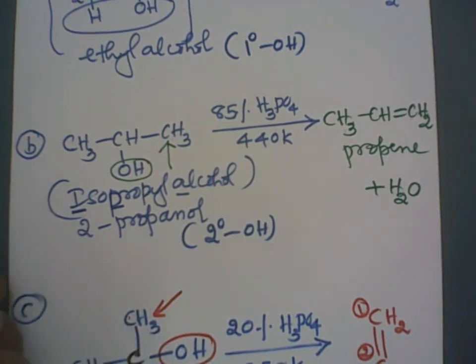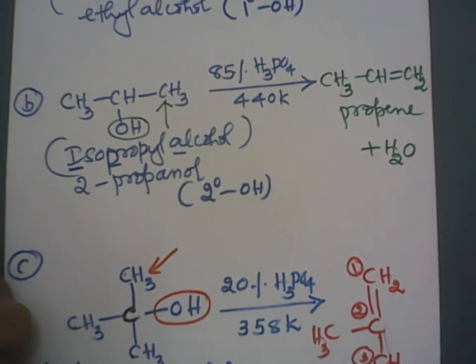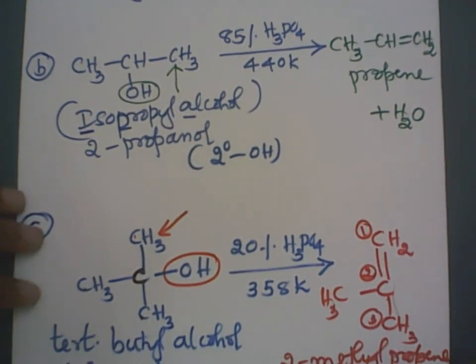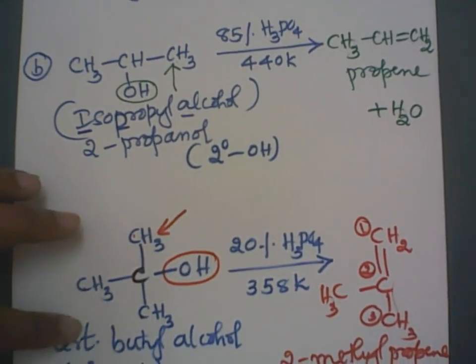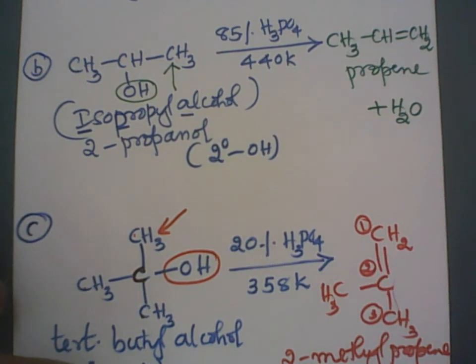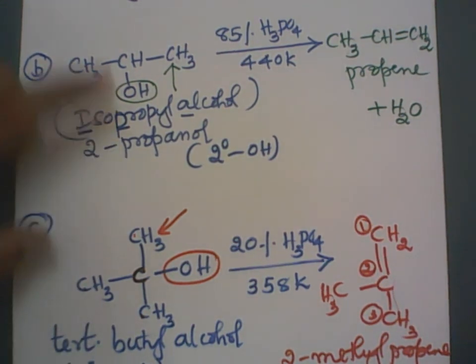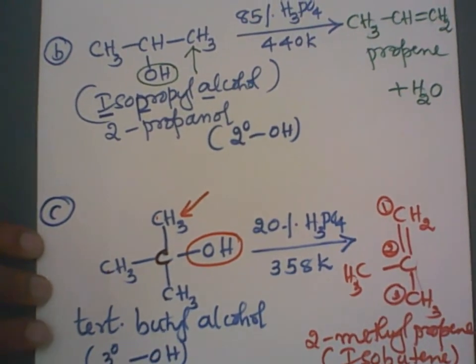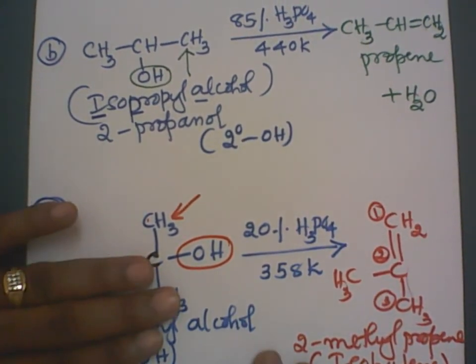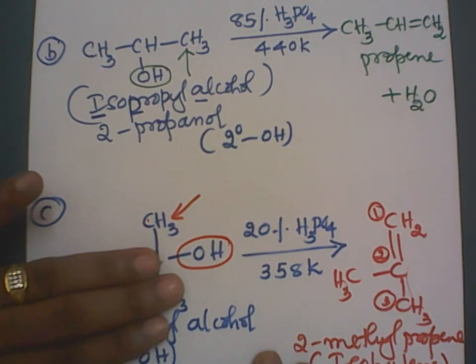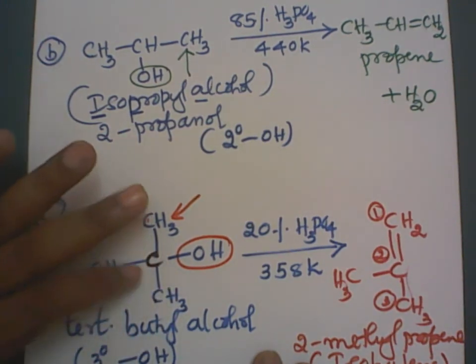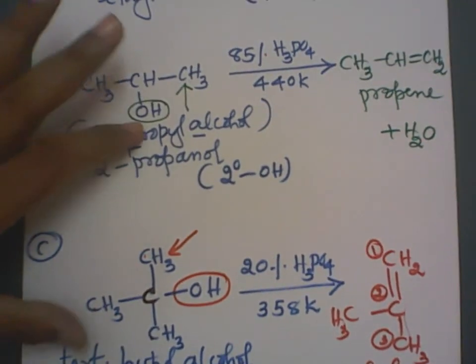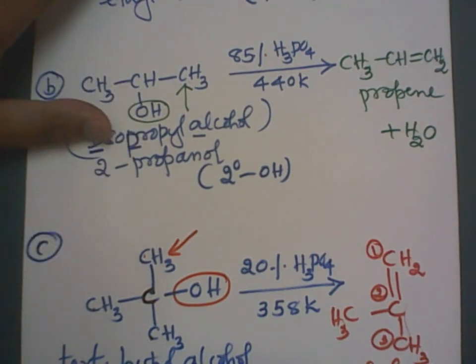That means for tertiary alcohols we require mild conditions: lower temperature, lower concentration. That means which alcohol is highly reactive? Tertiary alcohols undergo dehydration easily compared to secondary, compared to primary. So that is the order of reactivity, not oxidation.